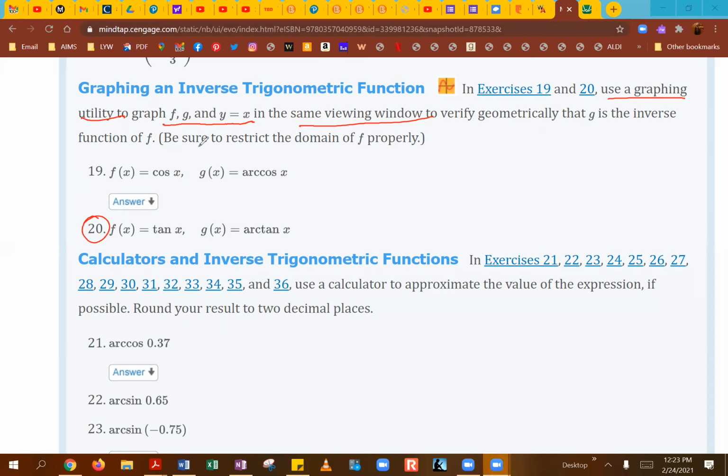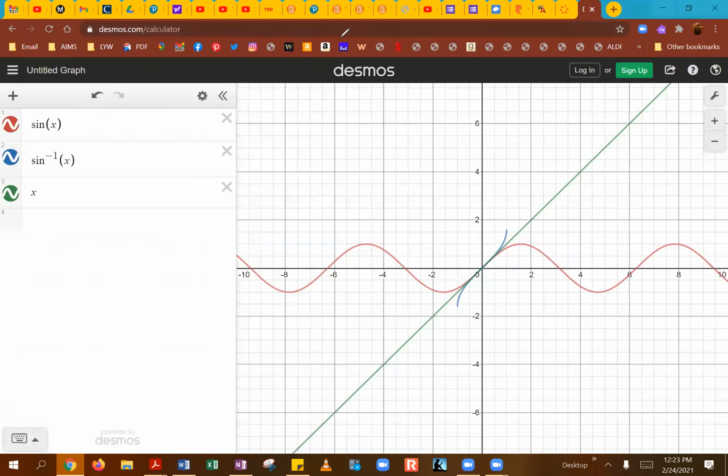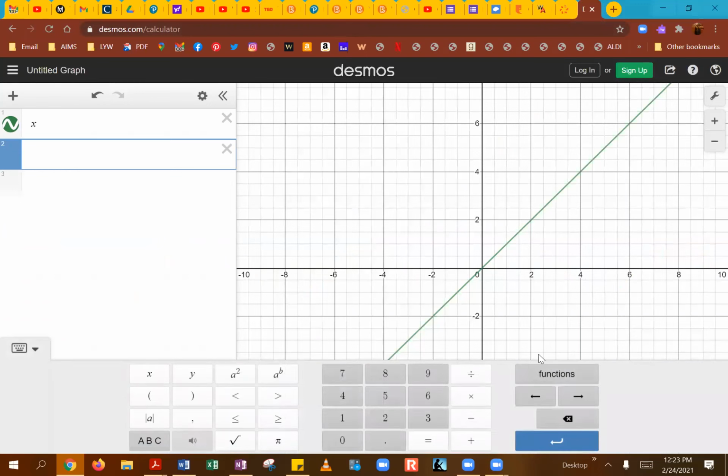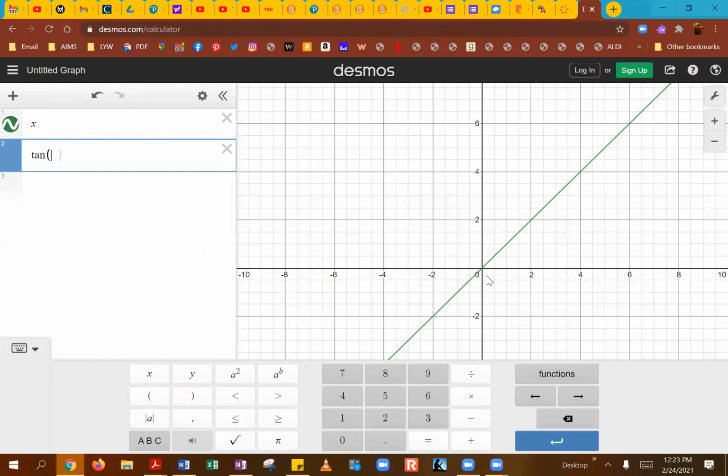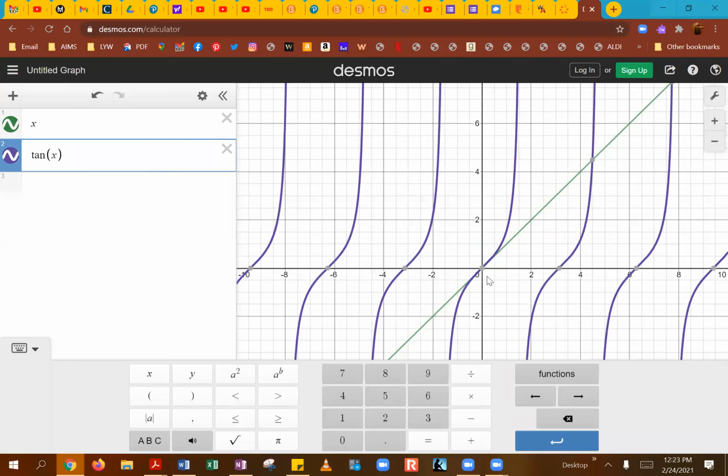So let's take a look at the tangent and arc tangent function over here. So we'll just go to our Desmos calculator here. Clear all of this out. I'm going to leave the y equals x line. And then let's do our tangent function. So from functions, we can click on tangent of x.